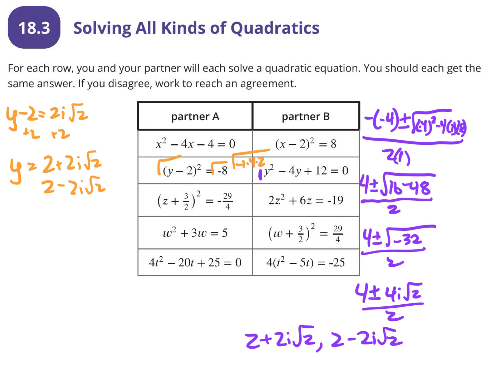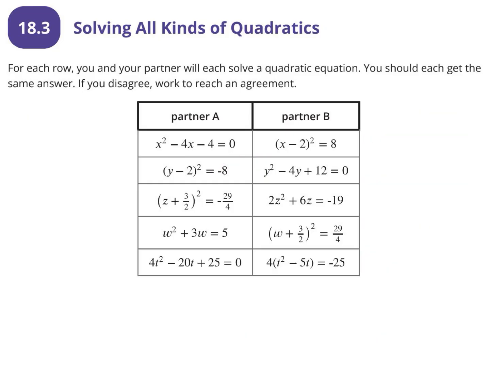Look at that. They look different, but they wound up being the same thing. You know, I bet if I multiply the parentheses out, I would get the same equations.